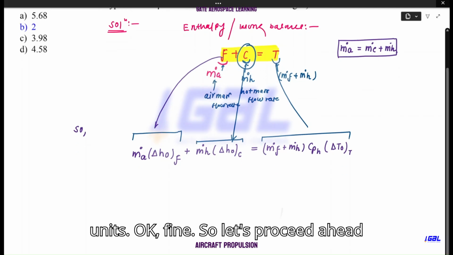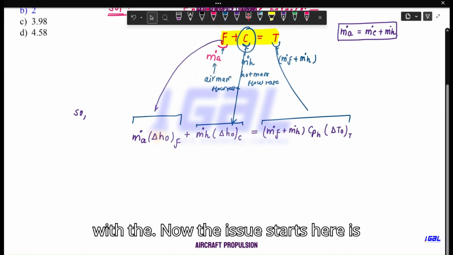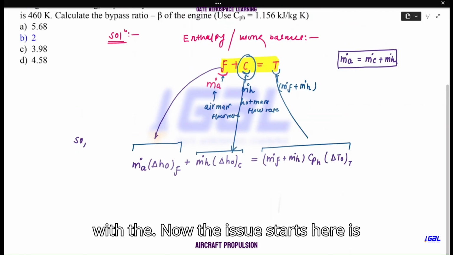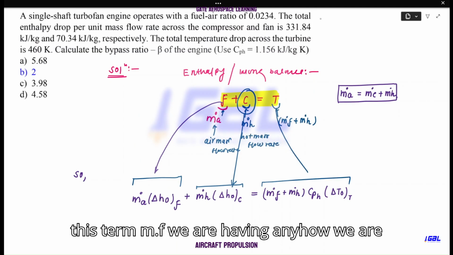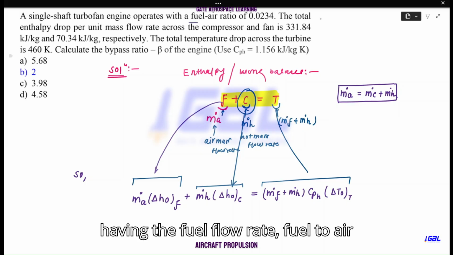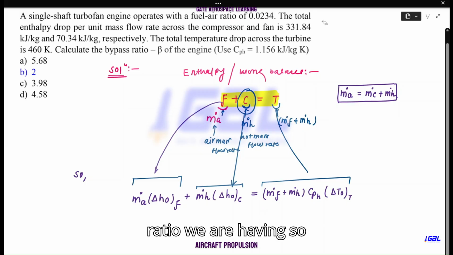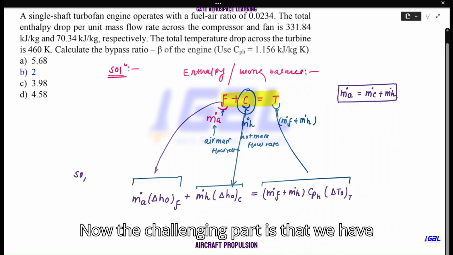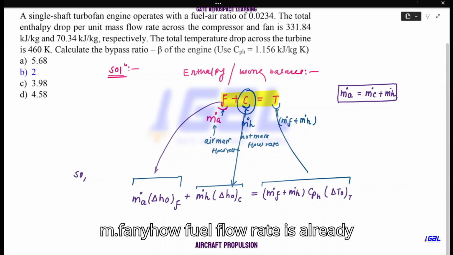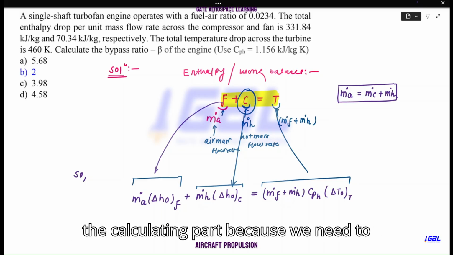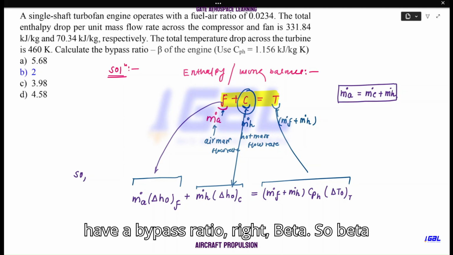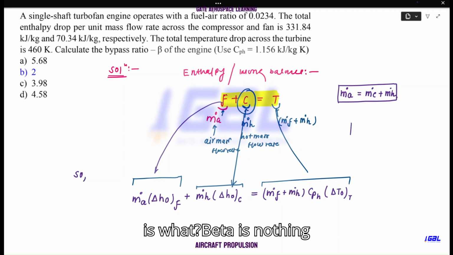So let's proceed ahead. The issue starts here. They have provided this term m dot f. We have the fuel flow rate and the fuel to air ratio, so m dot f we can have. The challenging part is m dot h, which is also a calculated part, because we need to have the bypass ratio, beta.